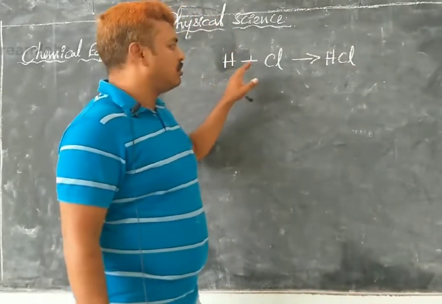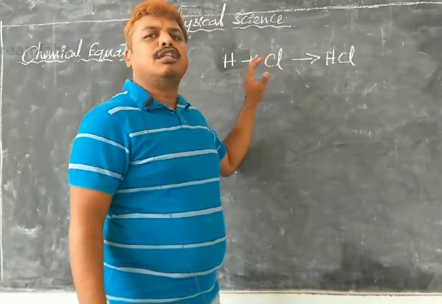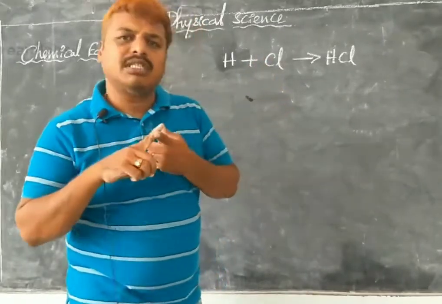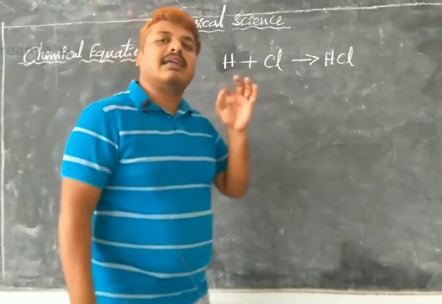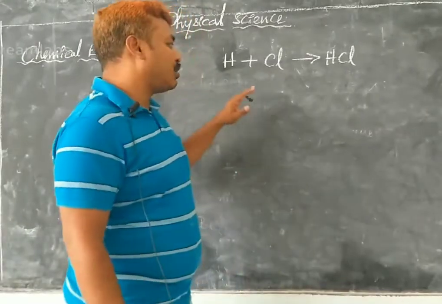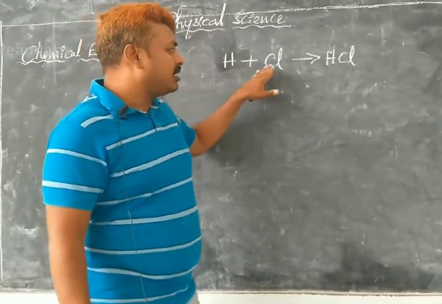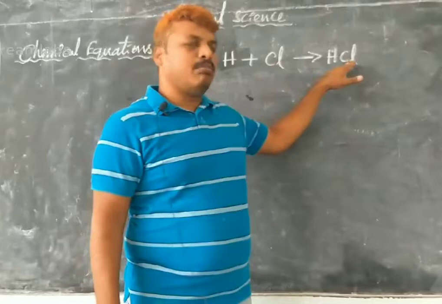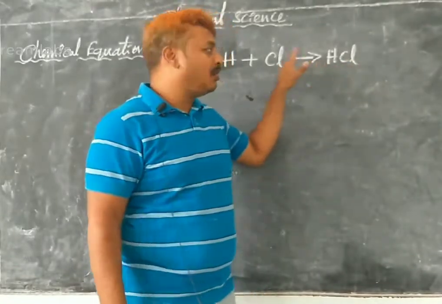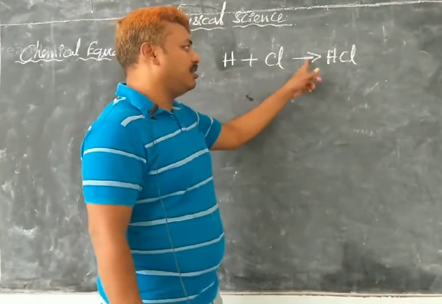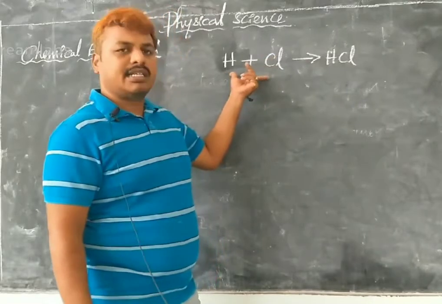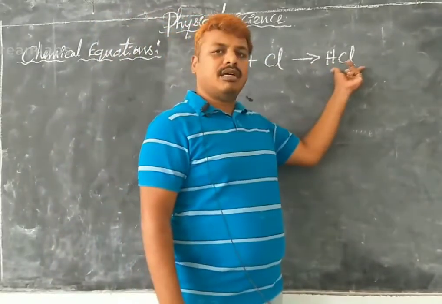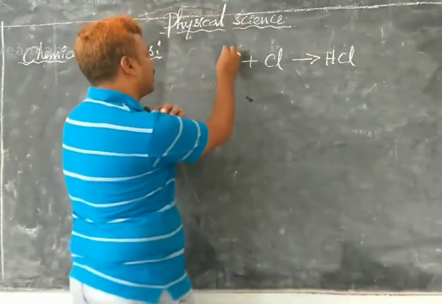Hydrogen is one atom and chlorine is another atom. These two are reacting with each other and these two are called reactants. Already I have told you, when reactants react with each other, they form product. So here you have the reactants side and here you have the product side.